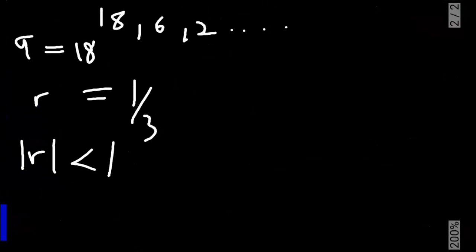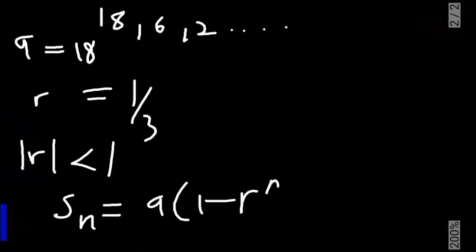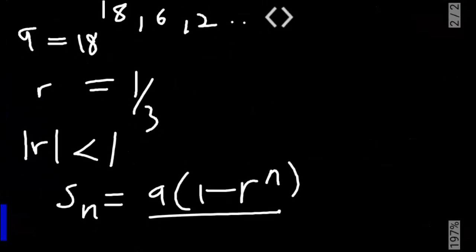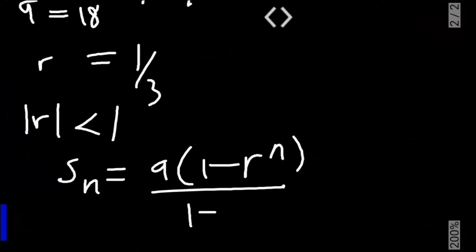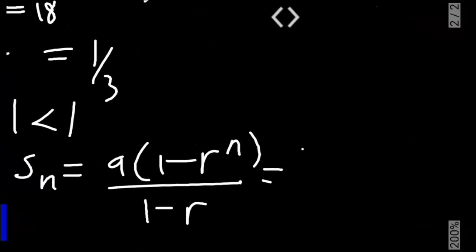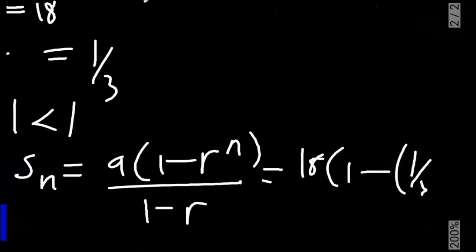So we are making use of the formula: a times 1 minus r to the power of n, over 1 minus r, since r is less than 1. So our first term here is 18, 1 minus r is 1 over 3, raised to the power of n, which here is 6.